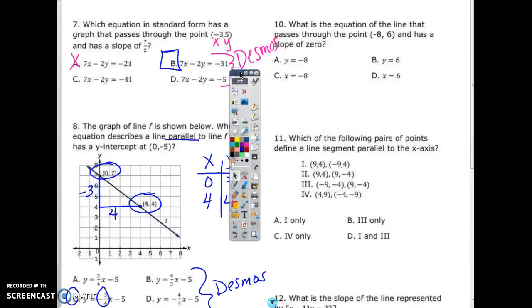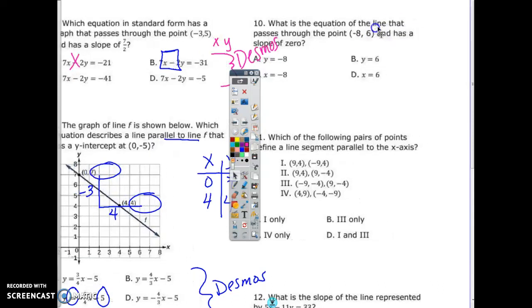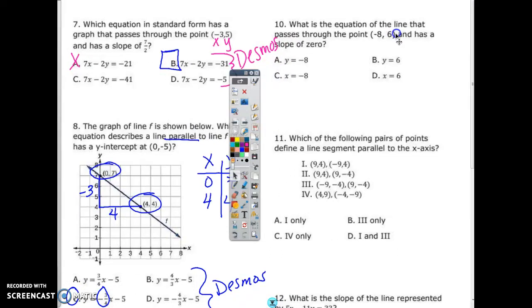it says, what is the equation of the line that passes through the point negative 8, 6 and has a slope of 0? Slope of 0. So what I would do is I would plot this point. I would plot this point in Desmos, and I would put these answer choices in Desmos as well.